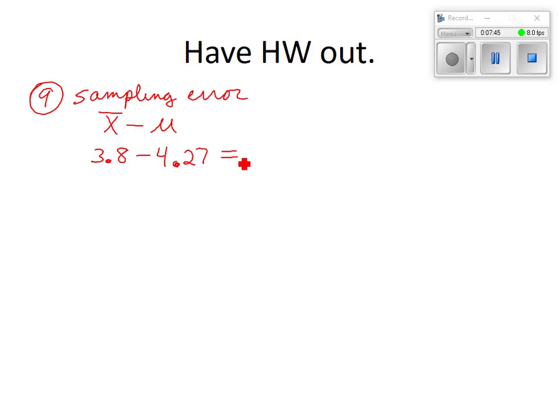Somebody tell me what that is. 3.8 minus 4.27. Negative 0.47. That's your sampling error. That's all you do to find sampling error. You take X bar minus mu. So 9, 10, 11, 12, there shouldn't be anything hard about those.